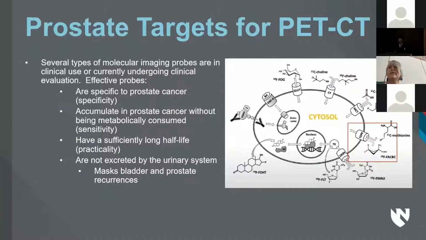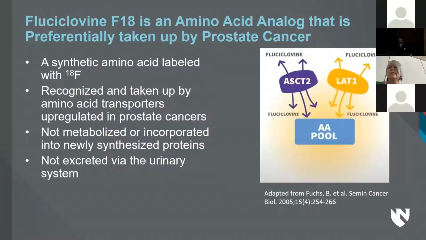And then one thing that's nice about flucyclovine and that we like for prostate cancer is it's not excreted in the urinary system. So it really helps us better assess the prostate bed or the intact prostate after radiation therapy. So I'll talk a little bit about flucyclovine. This is a fluorinated amino acid that is specifically brought into the prostate cancer through two different amino acid transporters, ASCT2 and LAT1.